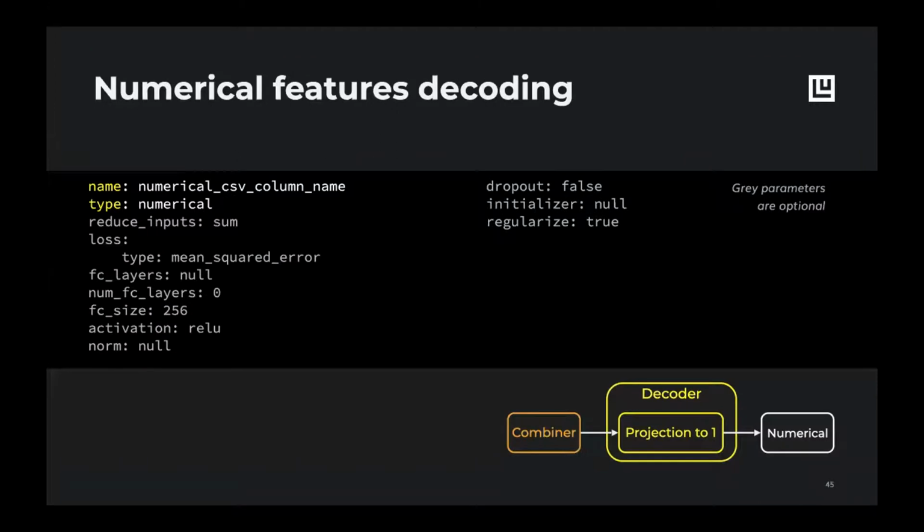Then when you have output features, basically each type of output feature defines a different task. For numerical output feature, what you actually end up doing is some regression task. And what happens is that you just project the hidden representation to the dimension of 1, and you can change the loss, you can change the number of the layers of this projection, and so on. You have all sorts of parameters to play around with.